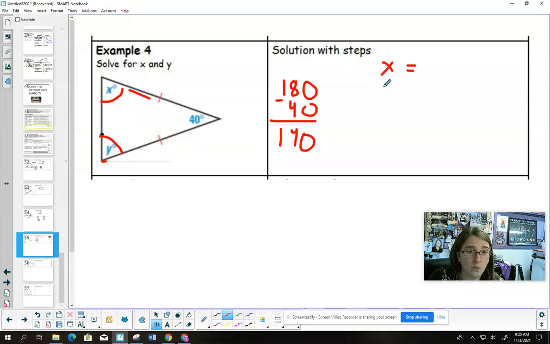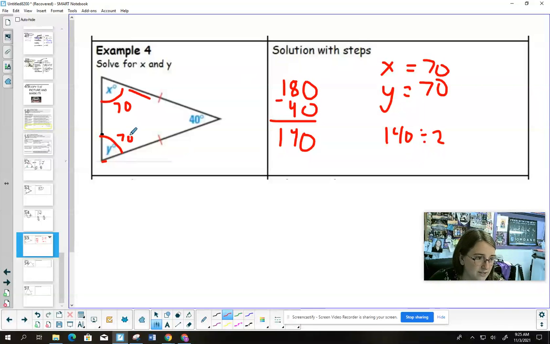Now, again, what I know is that x and y are going to be equal. What that means is they have to split the 140 evenly between them. So if I'm splitting 140 between them, what does that make x and y? Well, if I divide by 2, I get 70 for each of them. 70 and 70.